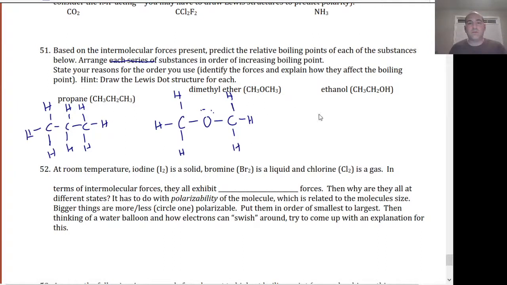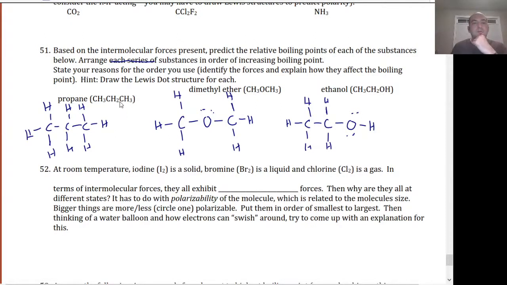And then we have ethanol over here. And I drew these all with straight 90-degree bonds, but the fact is that all of these should be tetrahedral, so the bond angles would really be zigzagged, about 110 degrees back and forth. So we can think about that part as well.